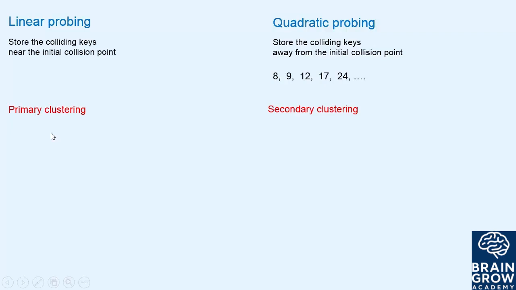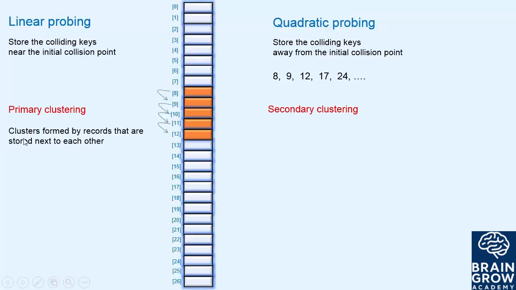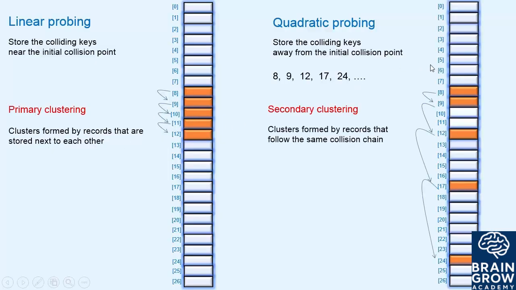In primary clustering, clusters were formed by records which are stored next to each other. In secondary clustering, clusters are formed by records that follow the same collision chain. So here we have this cluster.